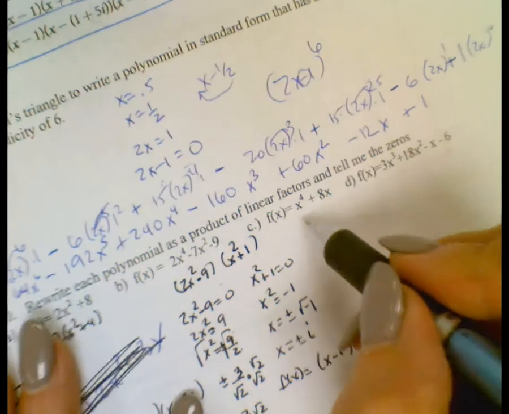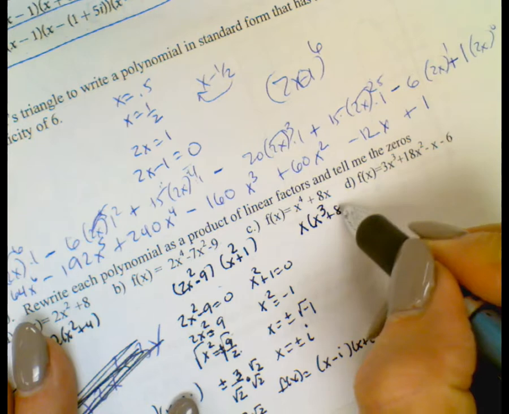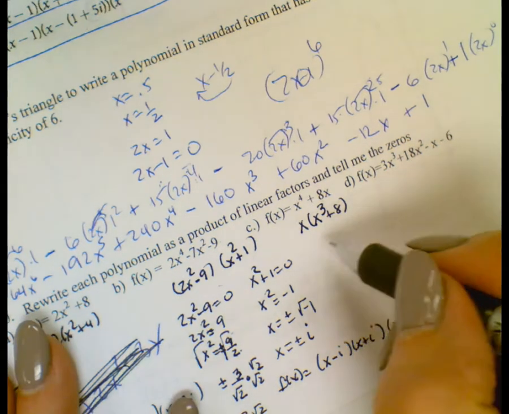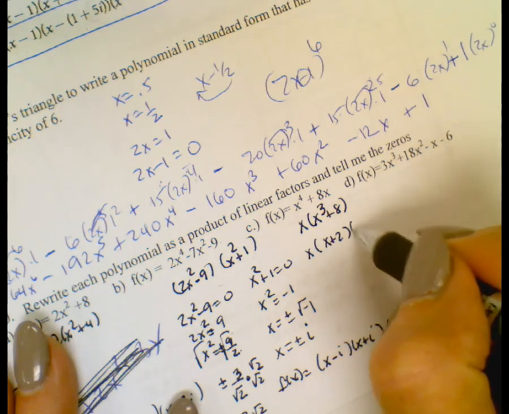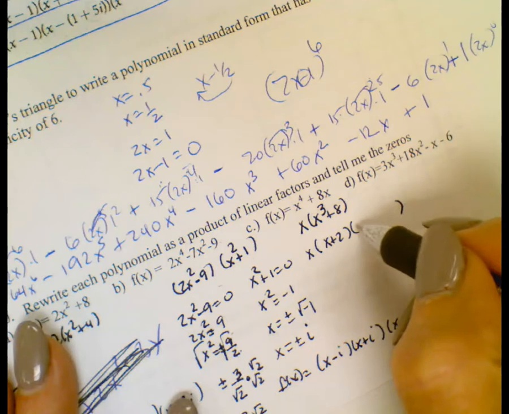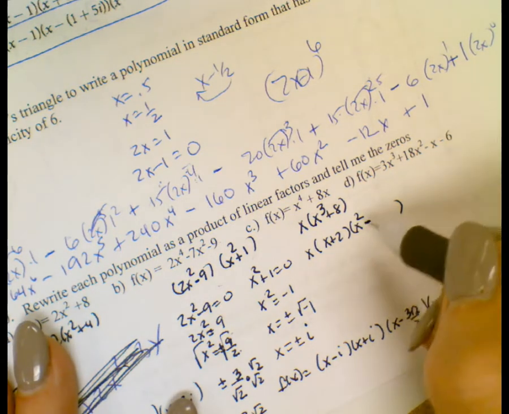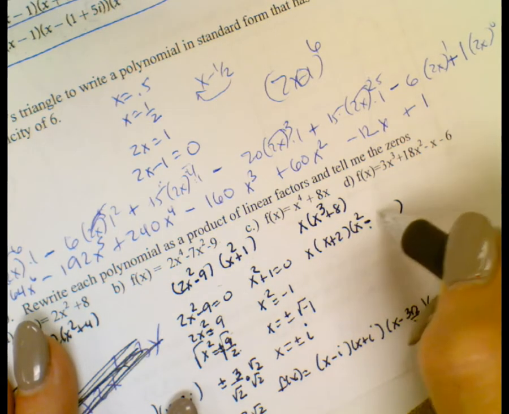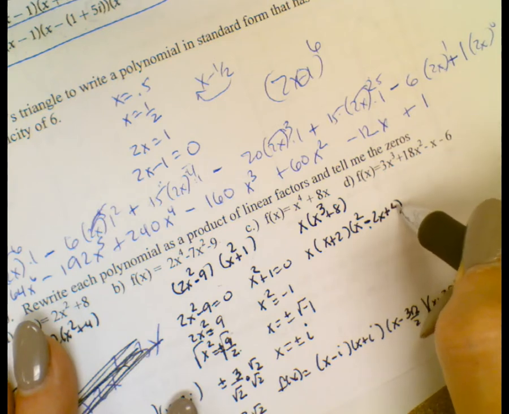So C. In C, we're going to take a GCF of x out, and you get x cubed plus 8. This one is x plus 2 times a trinomial. This is going to be x squared minus 2x plus 4. Remember the signs: same, opposite, always positive. Multiply these two and you get 2x, and then always positive 4.